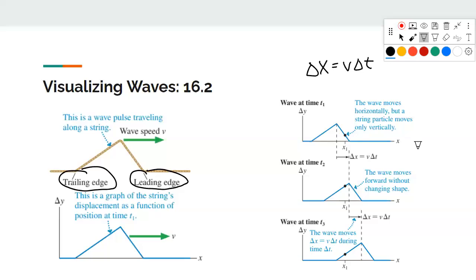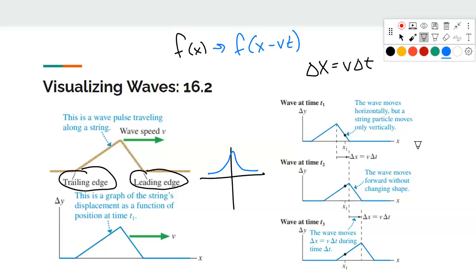And what I just want to tell you right now is that if we have some function f of x, so I know you're probably all familiar with normal distributions, Gaussians. So let's say we have a Gaussian, and that's our wave pulse. And let's say now that we want to make it move. Okay, mathematically speaking, how do we do that? Well, it's really easy. Instead of f of x, we just say f of x minus delta x, but our delta x is vt.